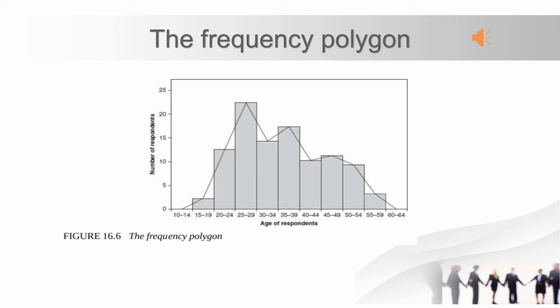So the height of the rectangles describes the frequency of each interval. So a line is drawn that touches the midpoints at the highest frequency level on the y-axis, and it touches the x-axis on each extreme end.